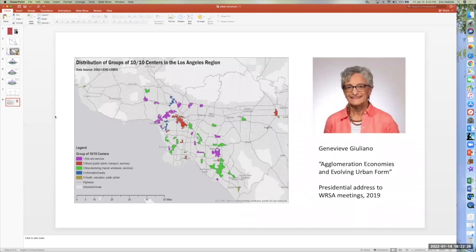Now, a lot of the work that's been done on polycentric cities has been done here in Los Angeles, including right here at USC.